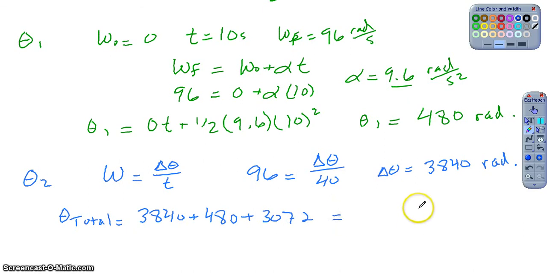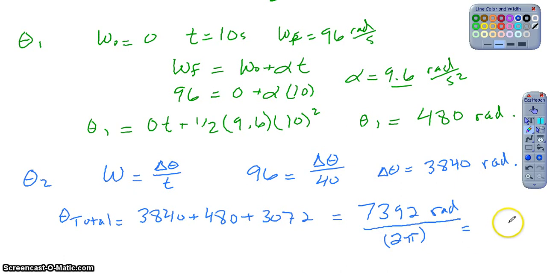This gives me the total number of radians, about 7,392 radians. Now to convert those to revolutions, I need to make sure I divide by 2 pi. Anytime we divide by 2 pi, throw in parentheses just so we avoid calculator errors. And we get our total number of revolutions to be about 1,176 revolutions.